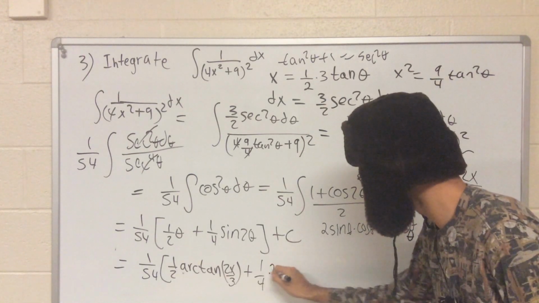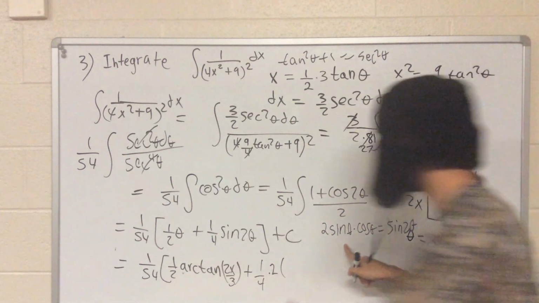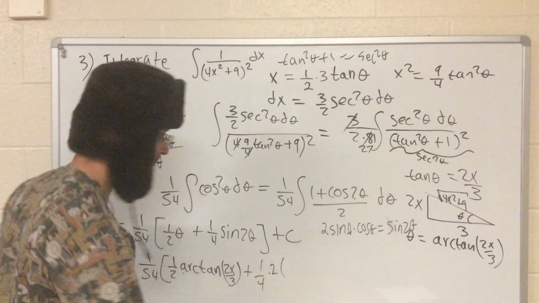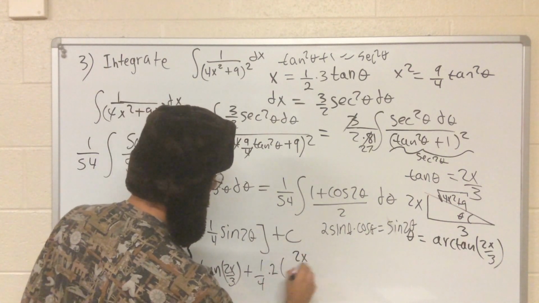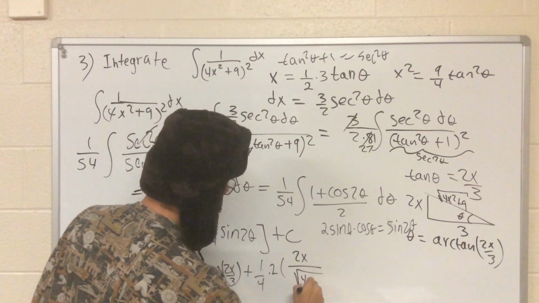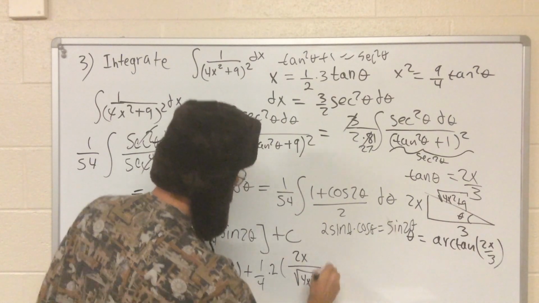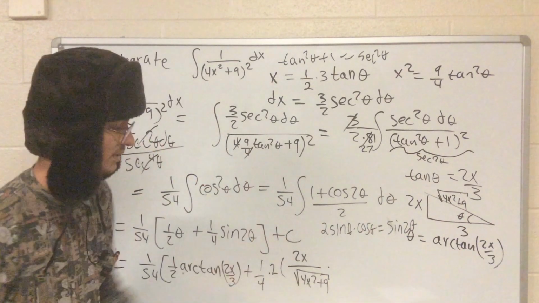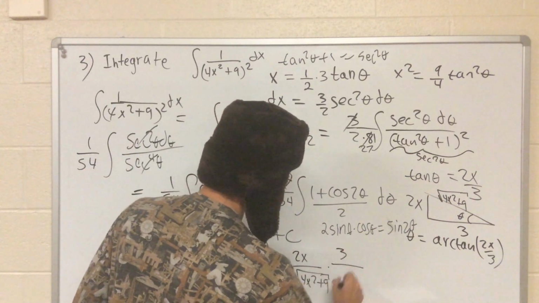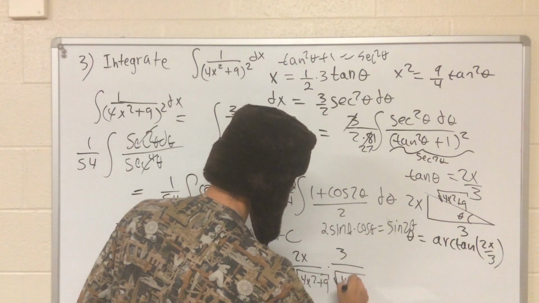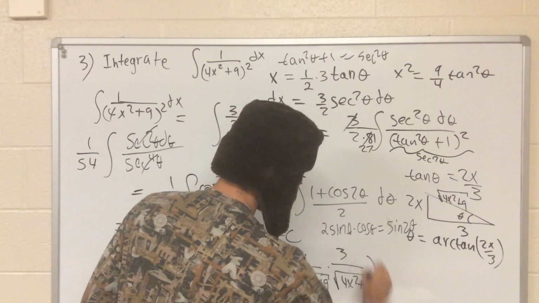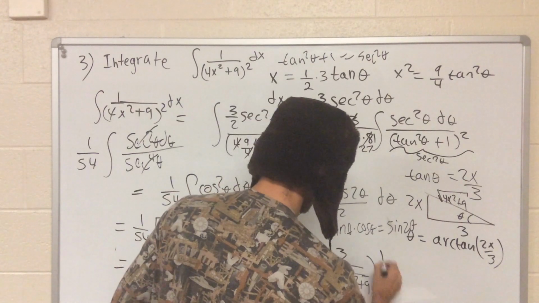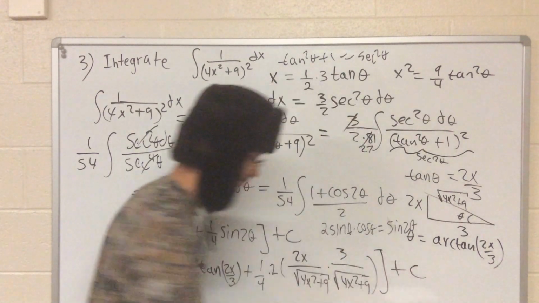So we have times 2, and sine theta, according to the triangle, is opposite over hypotenuse, so 2x over the square root of 4x squared plus 9, multiplied by cosine theta. Cosine theta is adjacent over hypotenuse, so that's 3 over the square root of 4x squared plus 9. Close this parenthesis, and don't forget plus c.